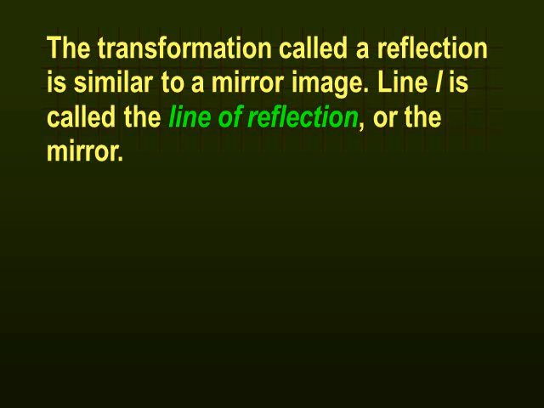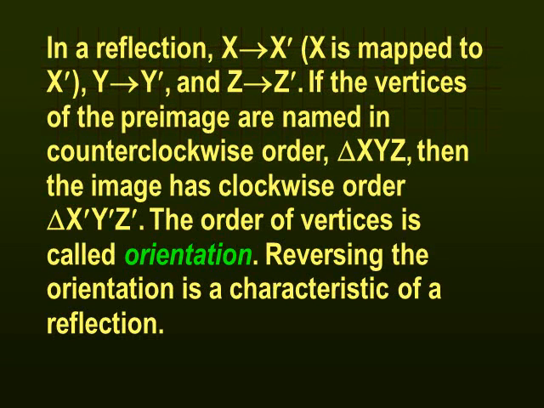Another kind of transformation that we're going to talk about now is called a reflection, and it's similar to a mirror image. Line L is called the line of reflection, or the mirror. In a reflection, we have our pre-image X, Y, Z, and we map them to X prime, Y prime, and Z prime.